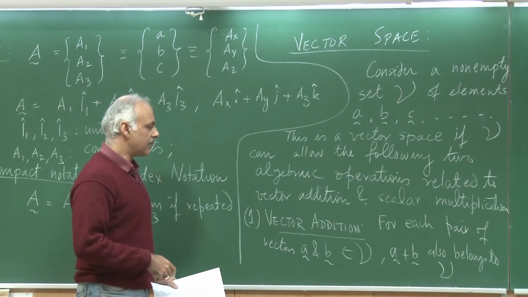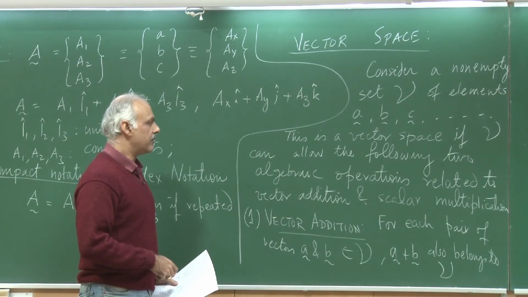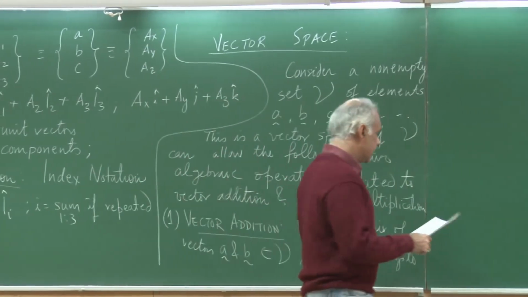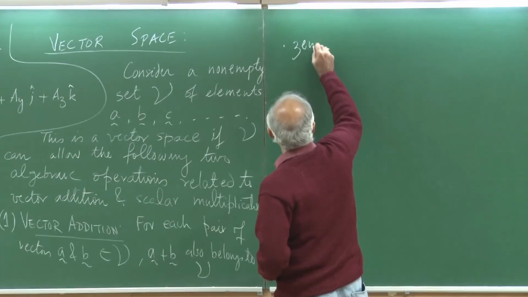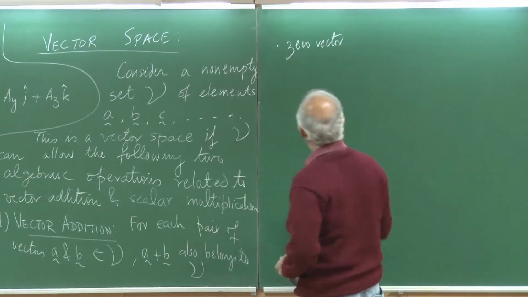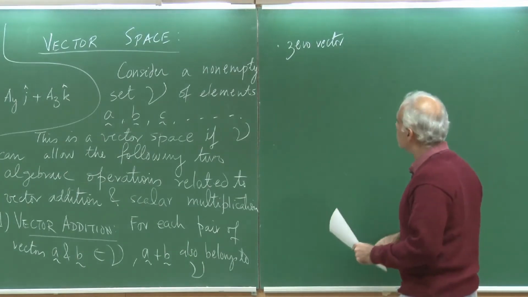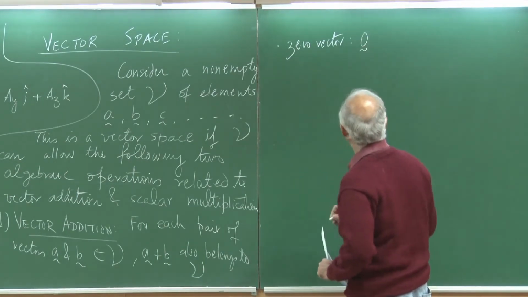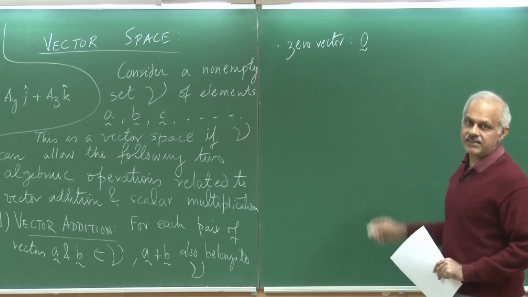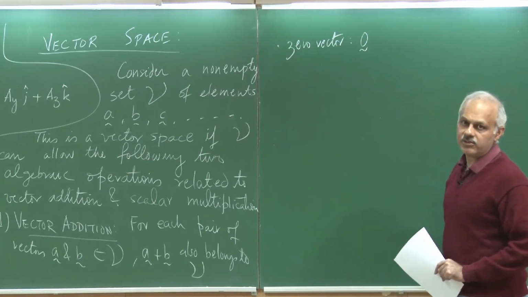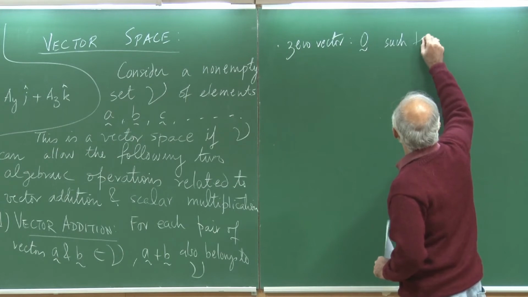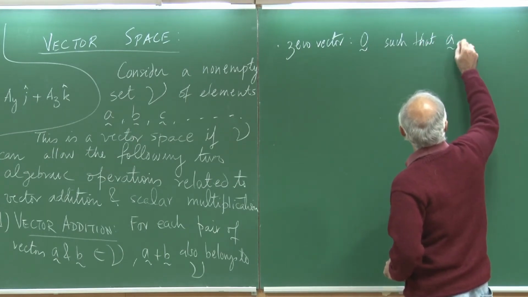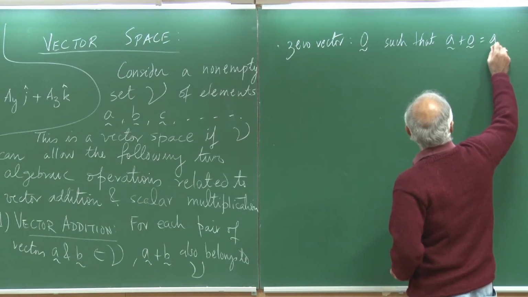I should have the sum of any two arbitrary vectors also lying in the same vector space. The other thing that I would like to say is that we must contain a 0 vector. So the vector space always contains a 0 vector and we can denote that by 0. So 0 vector is something which has all its components 0 in all the directions, such that if I add that to A, I get back A.